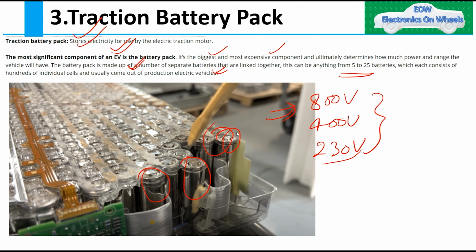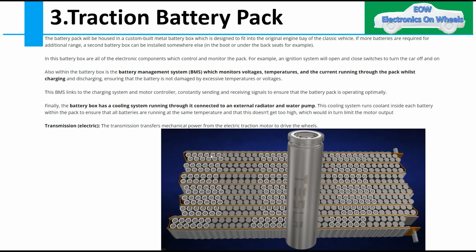Okay, we will see what is one module, what is one cell, then how it becomes a battery pack. But to give you rough examples, around 7,000 cells are packaged in one battery pack. Then this is the same thing which we have explained already.